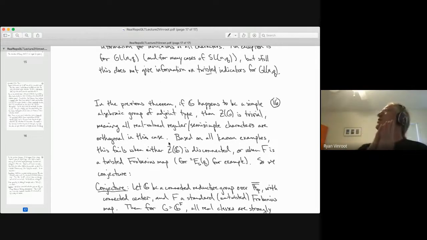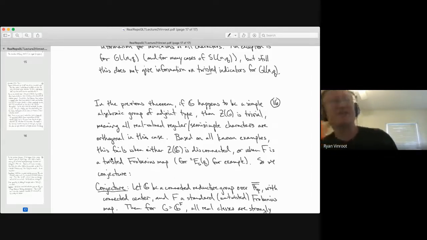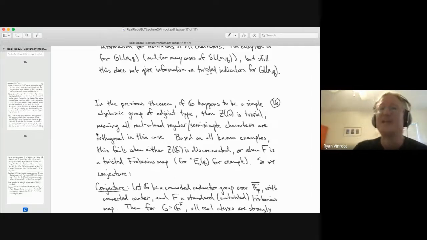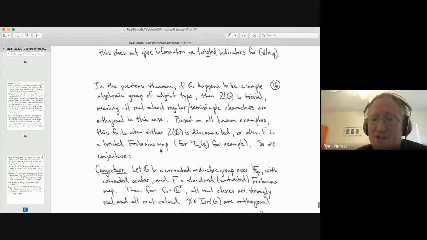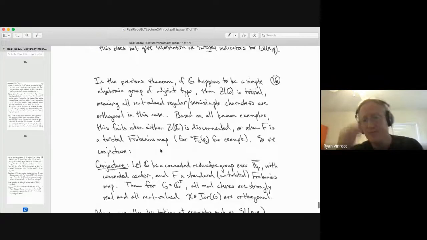So somehow there's a cohomological invariant that allows -1 indicators sometimes, or if our Frobenius map is twisted. If it's not a standard Frobenius map, but it's twisted by some automorphism, for example, in the twisted E6 case, we get -1 indicators. But here's a general conjecture.